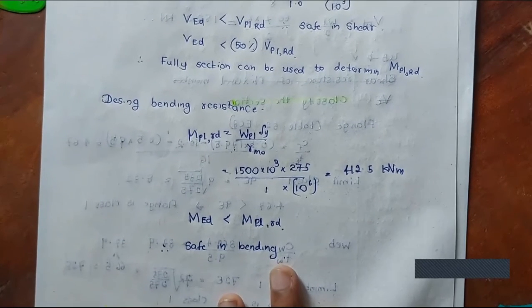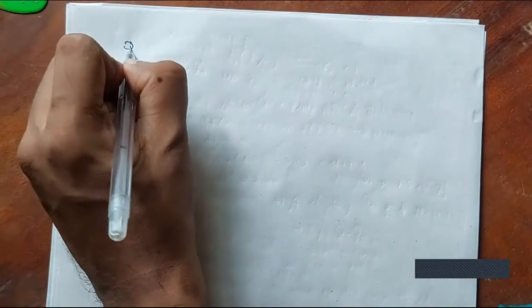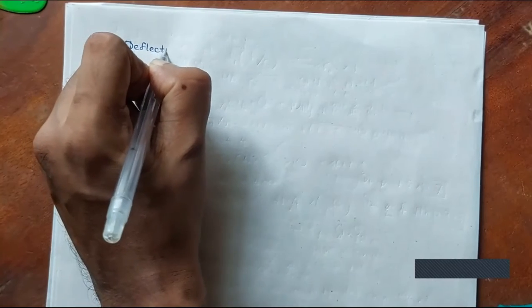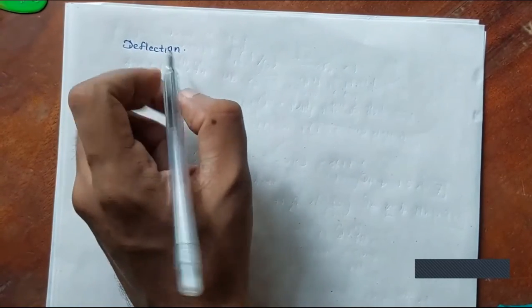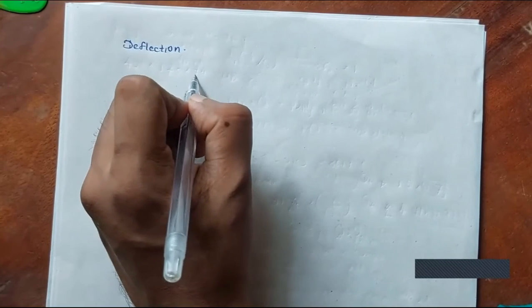So then whatever's left is deflection, right? So for the deflection, we know it's a serviceability limit state, right?